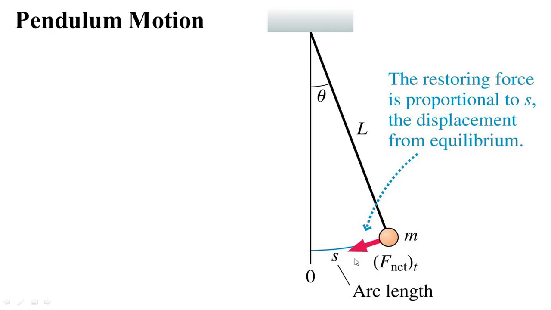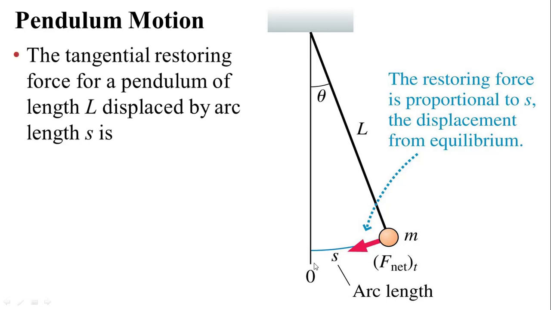So the net force is always directed toward the mean position. S is an arc length. The tangential restoring force for a pendulum of length L displaced by arc S is denoted in this diagram: F net is equal to minus mg over L into S.